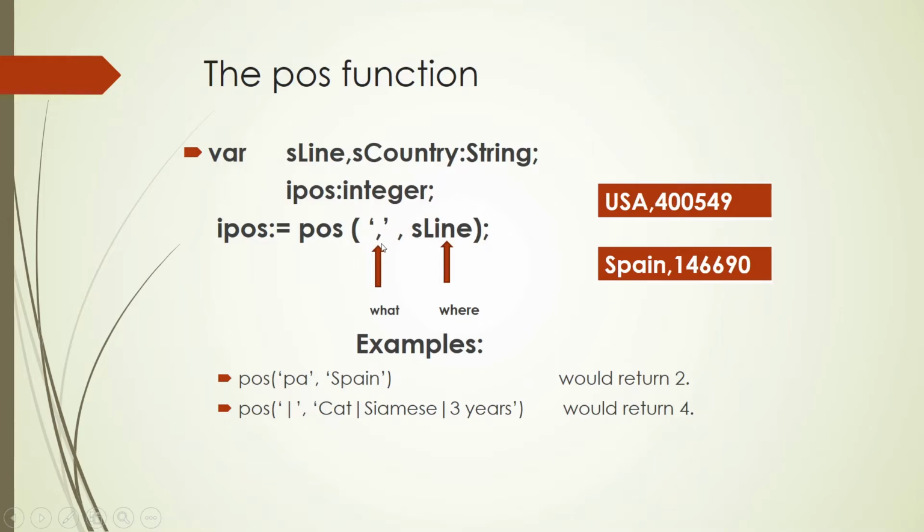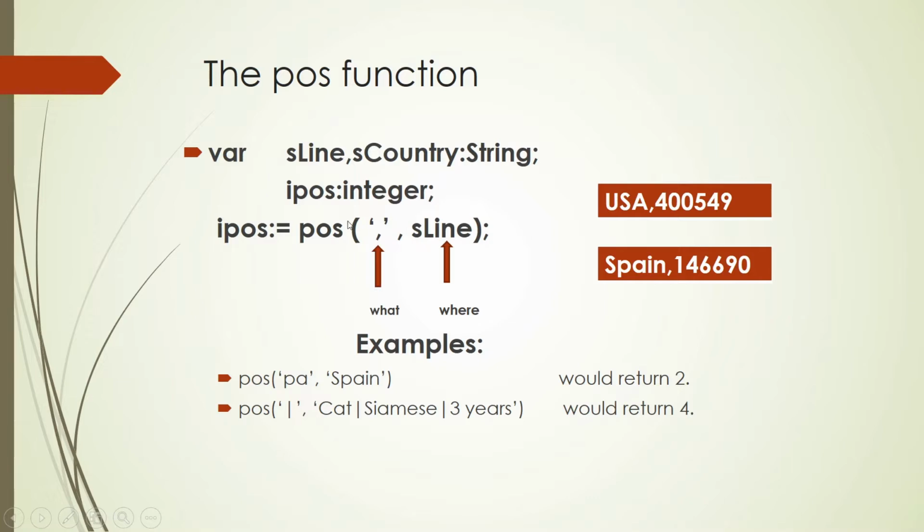The first parameter is what am I searching for, and the second parameter is where am I searching for it, in what variable. So remember, pos finds the position of a searched character or substring in a given string, but it will only give you the first occurrence of that searched character or substring.